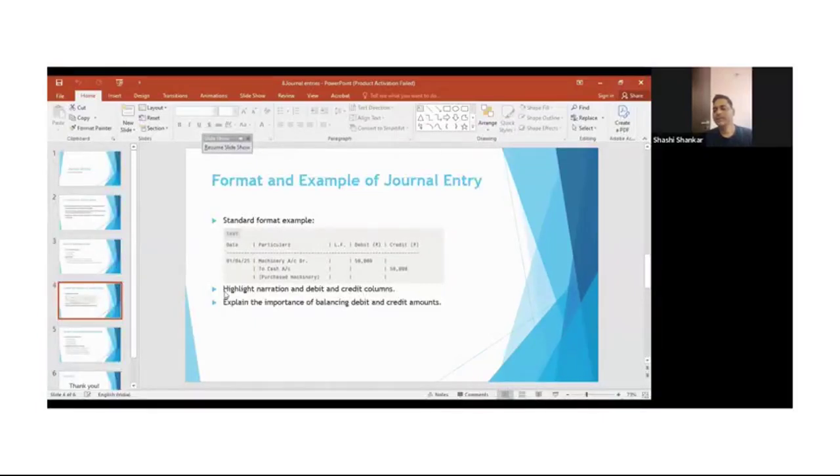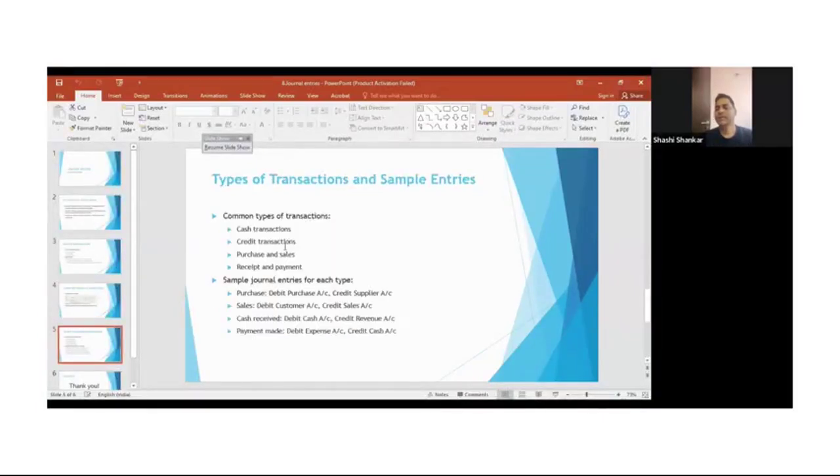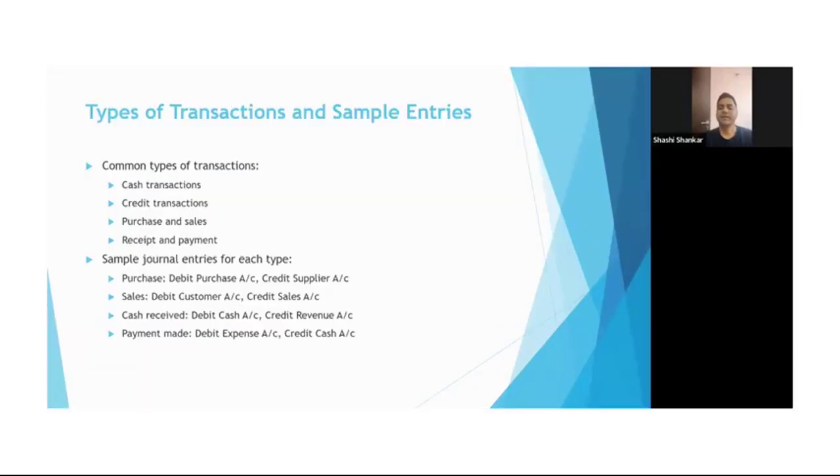Moving to the next one: the types of transactions and sample entries. Common types of transactions are cash transactions, credit transactions, purchase and sale, and receipts and payments. For a purchase, debit the purchase account and credit the supplier's account. Sales: debit the customer and credit sales.